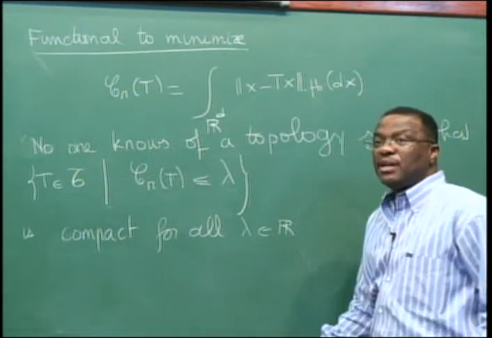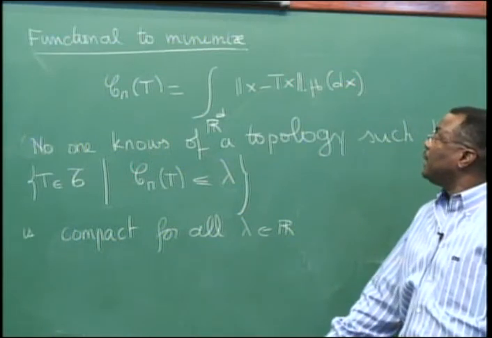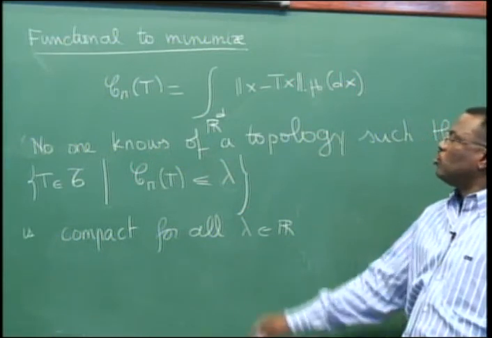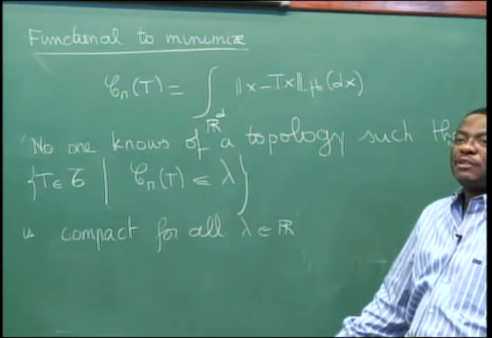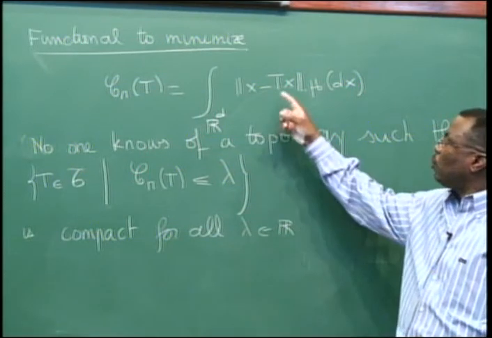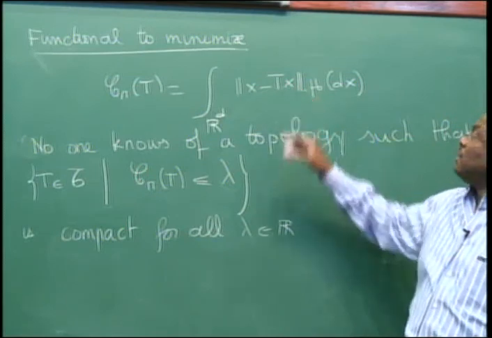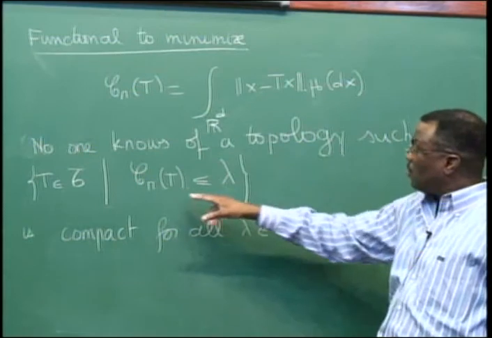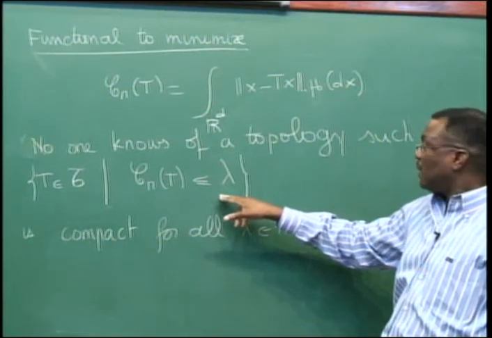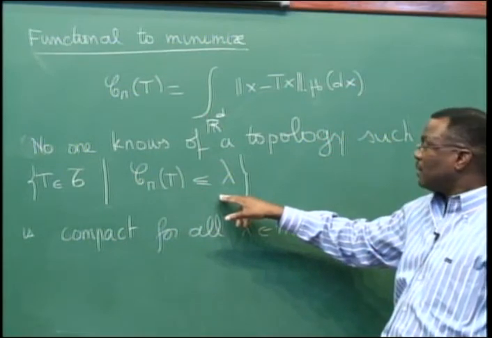For instance, if you take the weaker topology and assume that mu naught and mu 1 are, say, of compact support, and take the weak star topology in L infinity. Then this sub-level set is weakly compact.